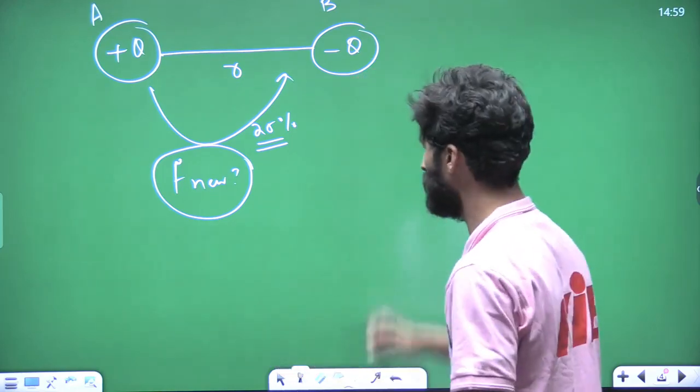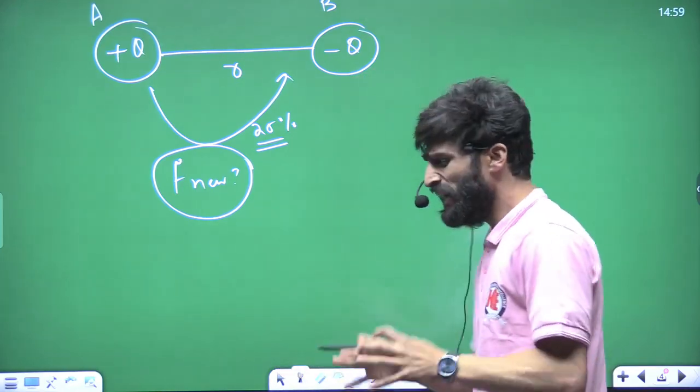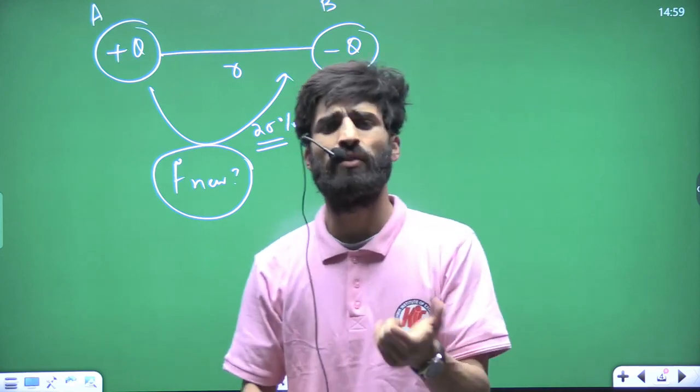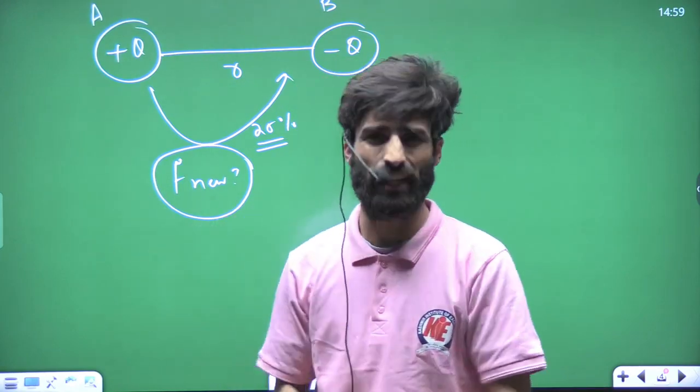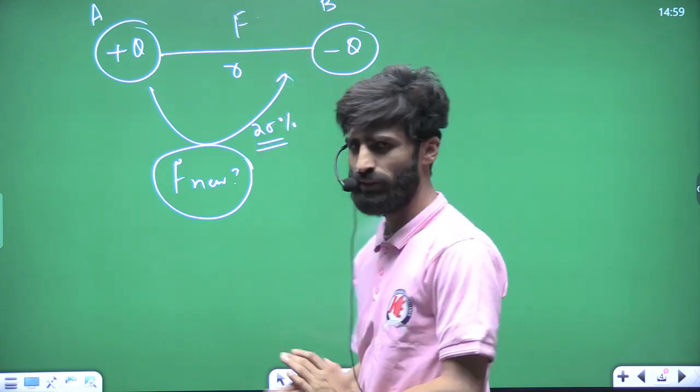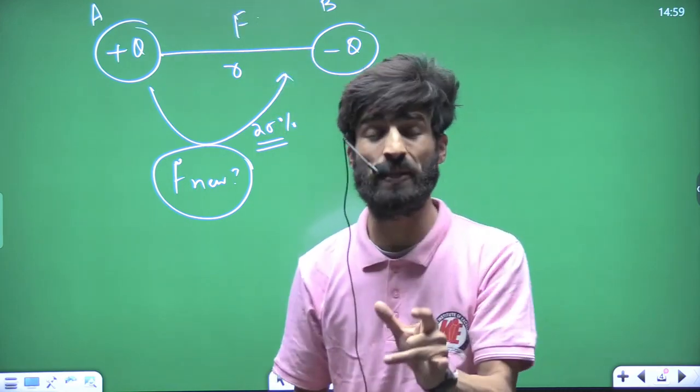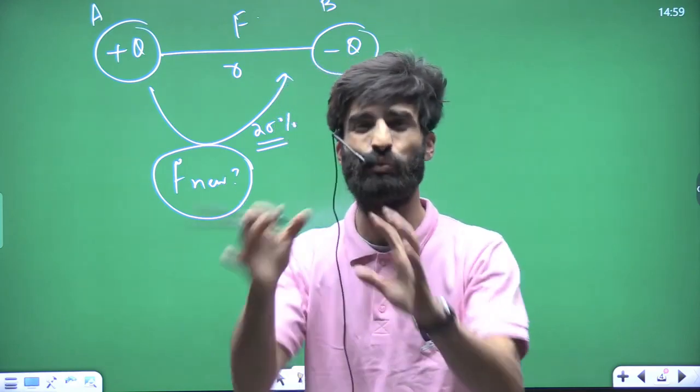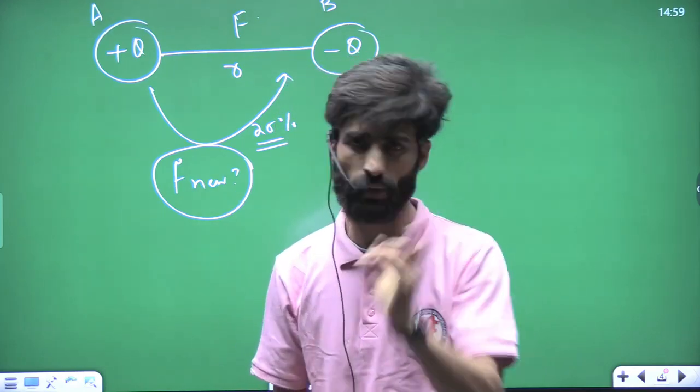Be very clear. How can we solve this? Here we have two cases. First, when the sharing of charge was not taking place, the force between them was F. Now after sharing, what will be the new F?